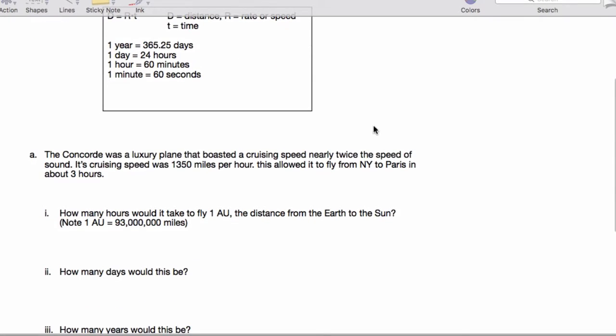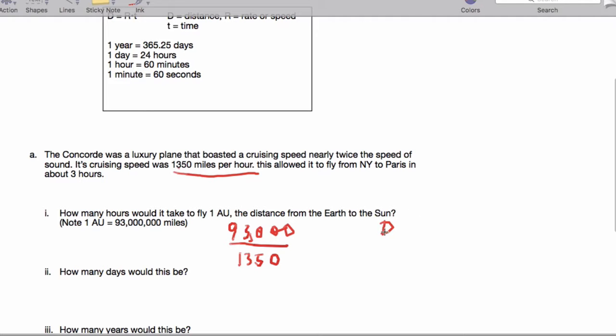We have this luxury plane, and we want to know how many hours it would take to fly one astronomical unit. Just to be clear, the speed's already given in miles per hour. So if I take miles and divide it by miles per hour, that'll actually get me the distance.